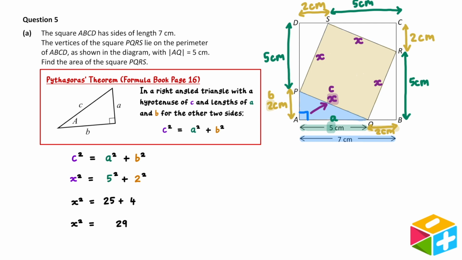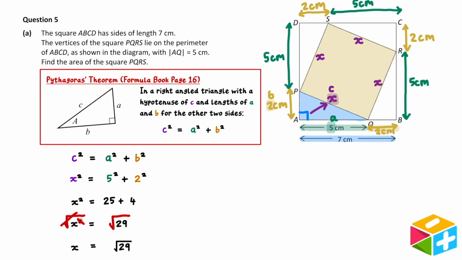To find the value of x, we need to get rid of this square. The inverse of a square is a square root, so we should square root both sides. On the left-hand side, the square root and the square cancel, so we end up with x being equal to the square root of 29.